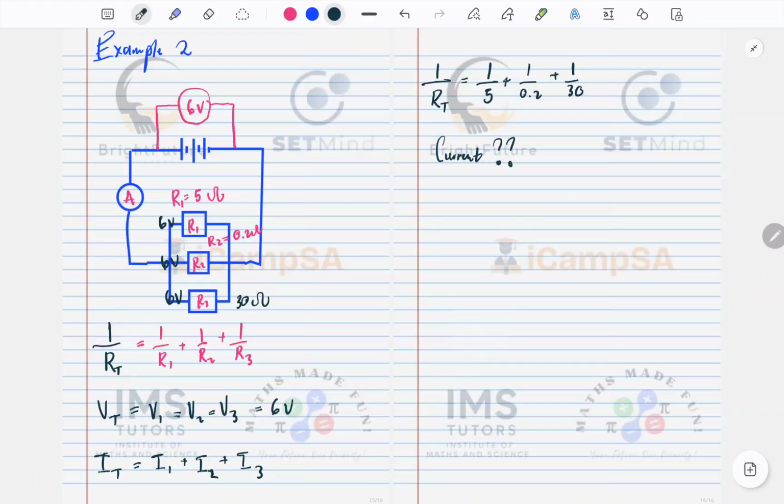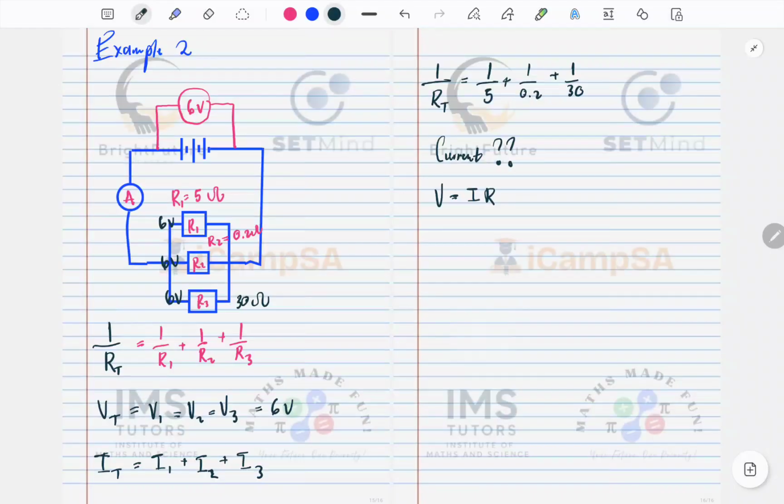Okay, so we have V here, and we also have the resistance. That means we can calculate our I. We can even calculate the total I. Let me do it like this so that you see. Remember, V equals I R.